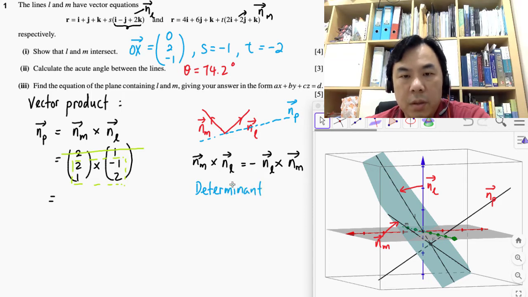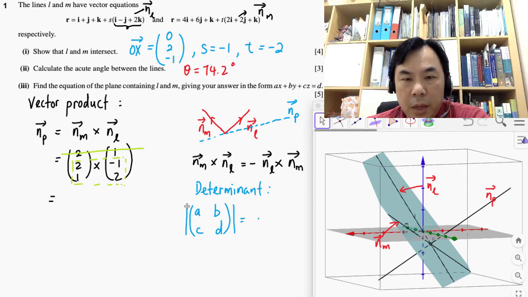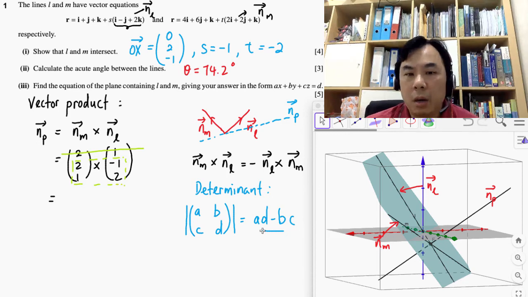If you have A, B, C, D, then the determinant is given by AD minus BC. That is how we calculate the determinant.